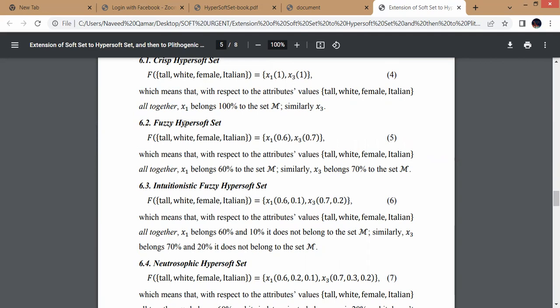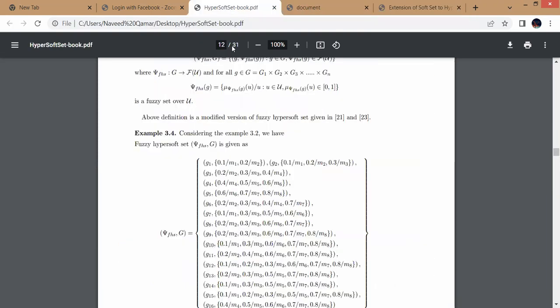Only a fuzzy hypersoft set tells about the degree of belonging. It means X1 belongs 60% and similarly X3 belongs 70%. So here is the example of a fuzzy hypersoft set. We also discussed a fuzzy hypersoft set example in our previous lecture or paper.